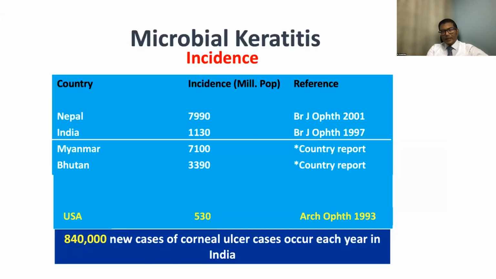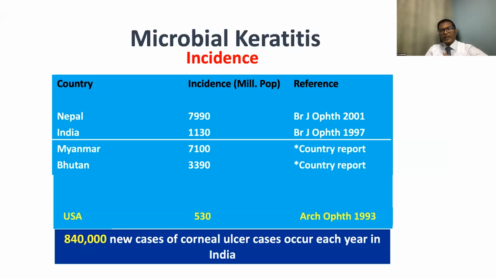So these cases illustrate that since many decades, the incidence of microbial keratitis in developing countries such as India, Myanmar, Bhutan, Nepal is considerably higher than, for example, the United States. And in a very early publication about 20-25 years ago, the projected rate of new ulcers that occur each year in India was pegged at somewhere around 840,000 new cases of microbial keratitis.